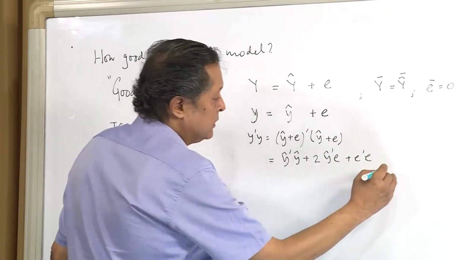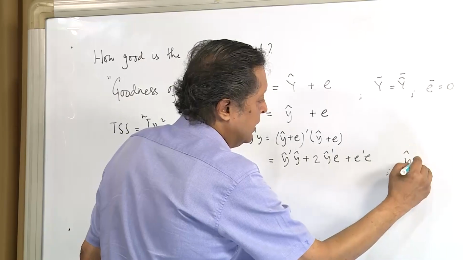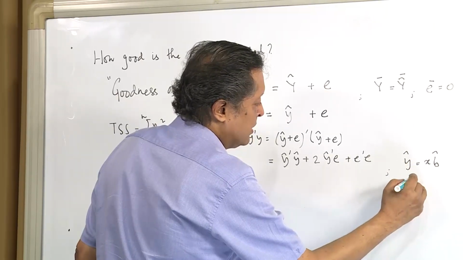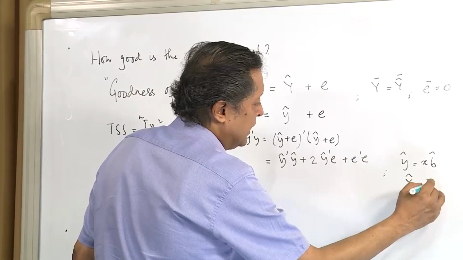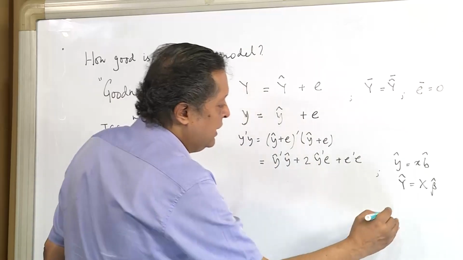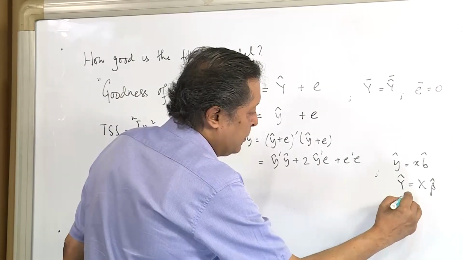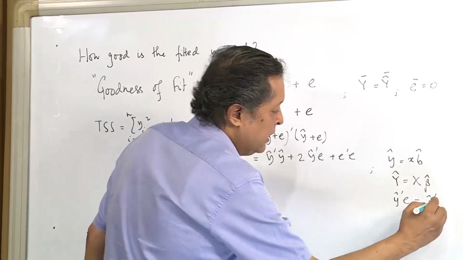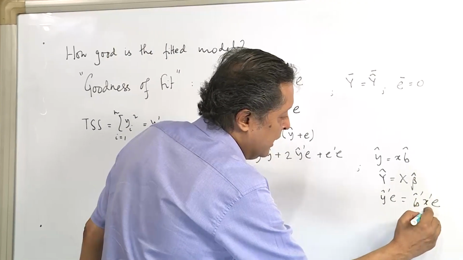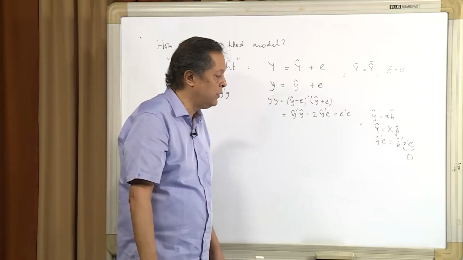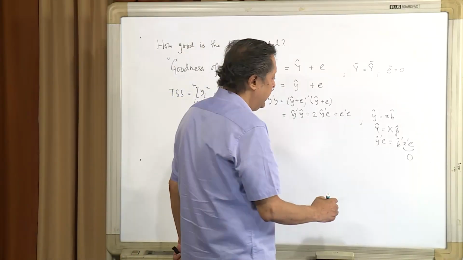Now remember that y hat is equal to small x b hat, just because capital Y hat is X beta hat. So y hat'e is b hat'X'e, and X'e is equal to 0 by the normal equations which we have already explained.